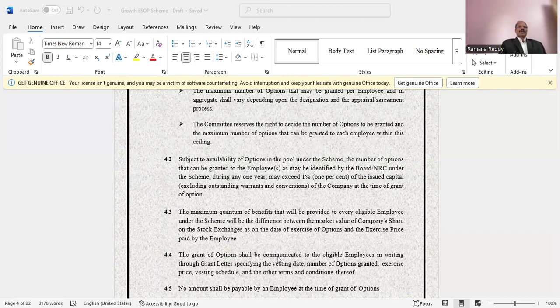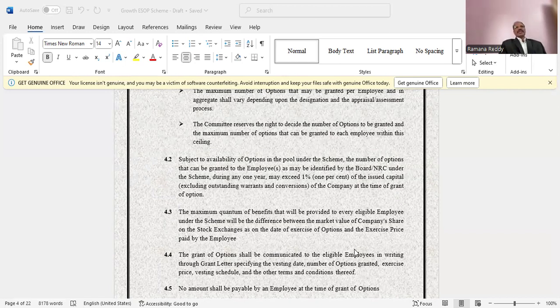employees as may be identified by the board of directors or nomination remuneration committee under this scheme during any one year shall not exceed 1% of the issued capital, excluding outstanding warrants of the company at the time of grant.